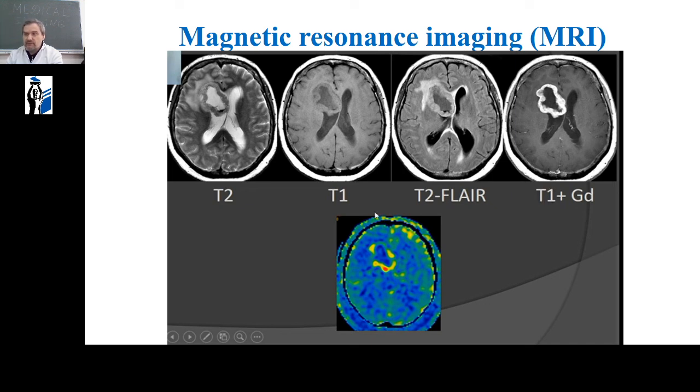For example, the differentiation of white and gray matter is clearly visible in the T2 and T1 modes and is practically absent in the T2 FLAIR and T1 modes enhanced with gadolinium.